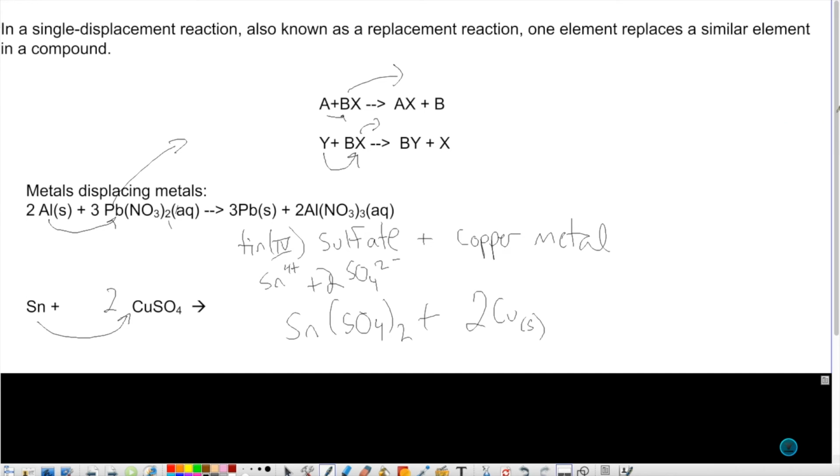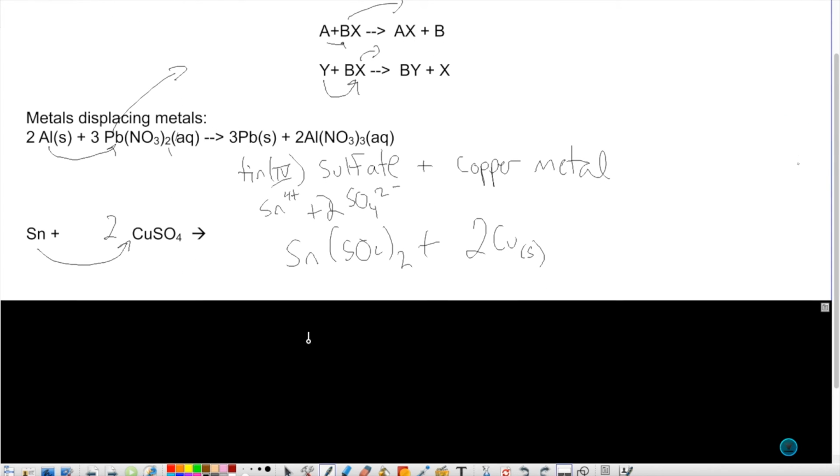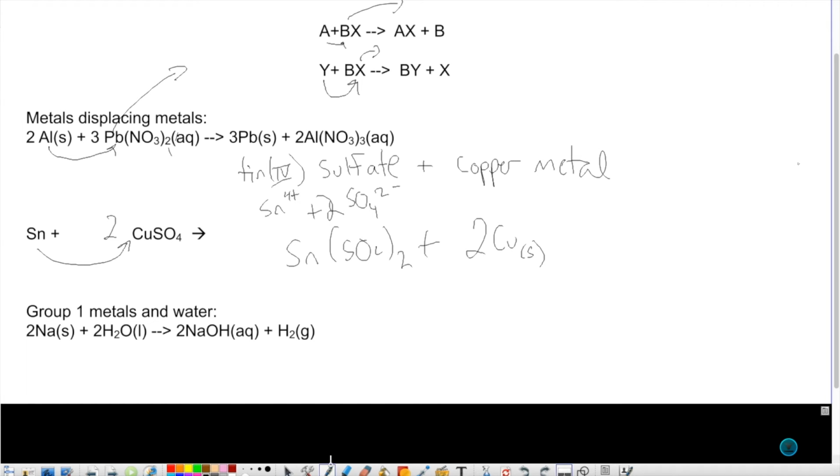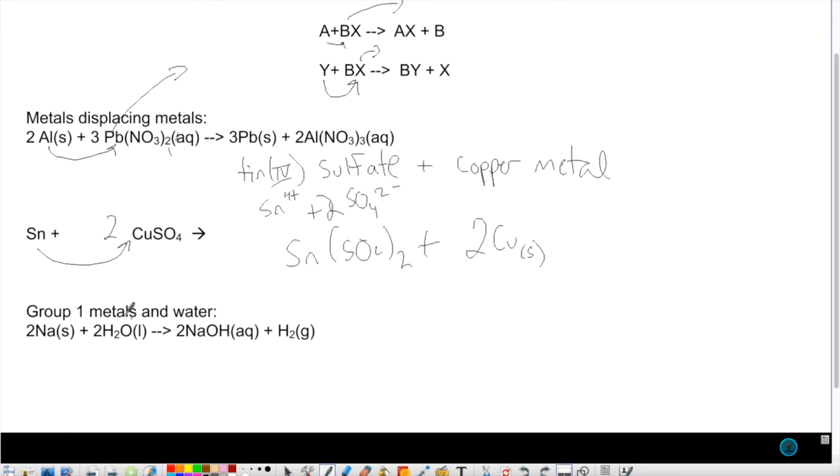All right. Now, the next type is group 1 metals reacting with water. Well, how does this fit our scheme? Okay. Well, rather than treating water as this covalently attached compound, what if we consider water to be an ionic compound, which is hydrogen hydroxide, HOH. Okay?